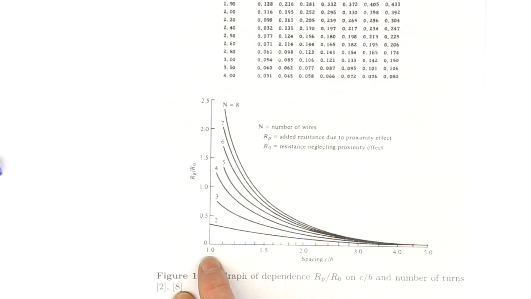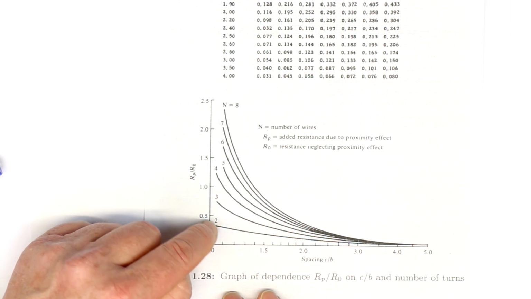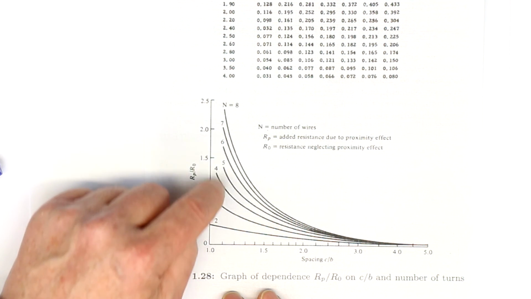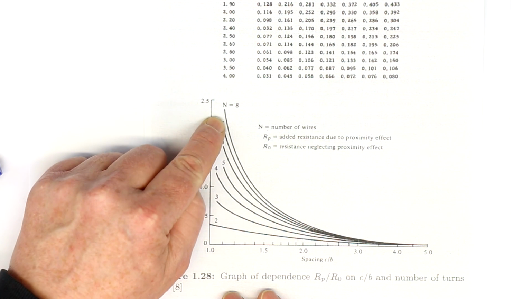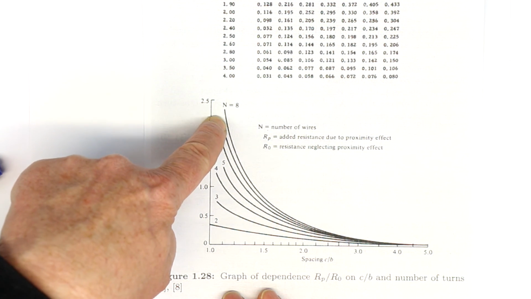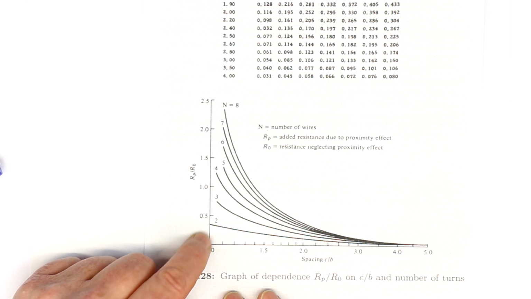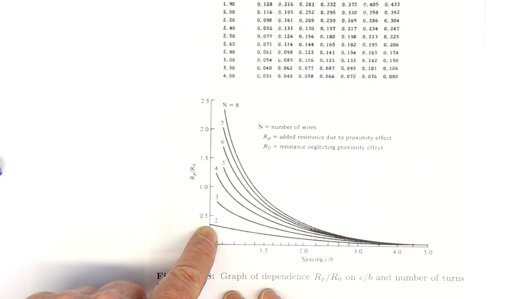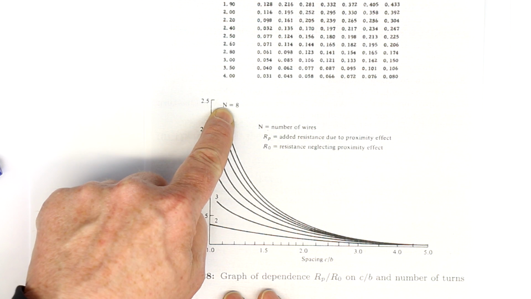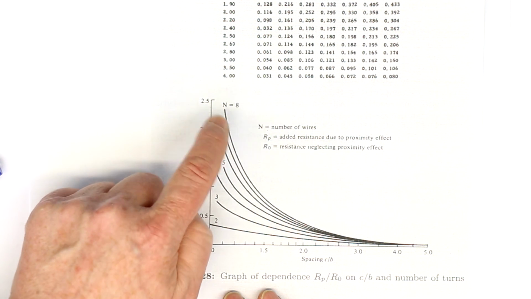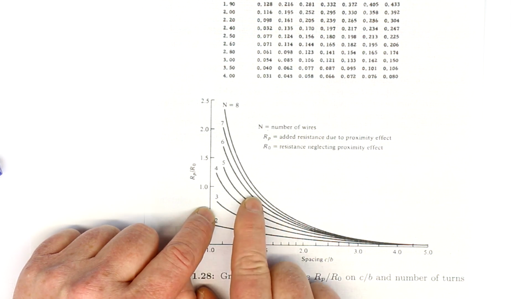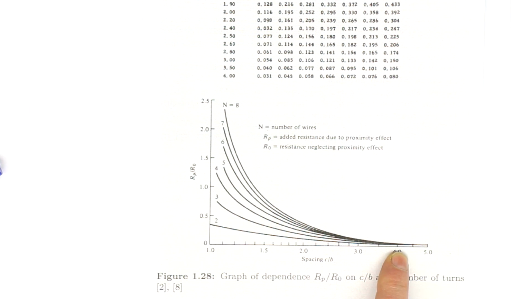You can see it starts at 1, which would be turn touching turn, and 5 is 5 times the wire diameter. And here we have 7 different graphs for the number of turns, and you can see the more turns we get, the more detrimental the effect becomes, but it tapers out.